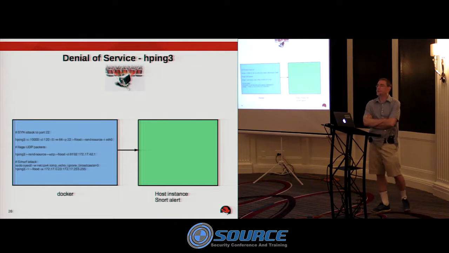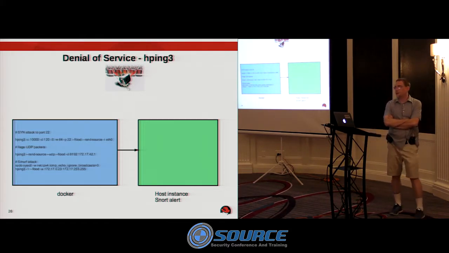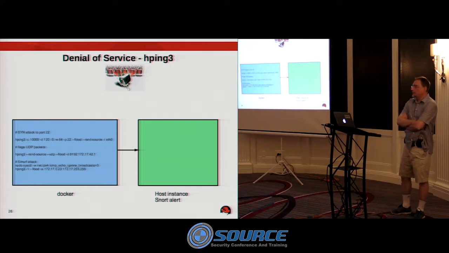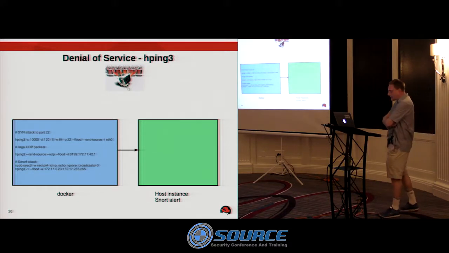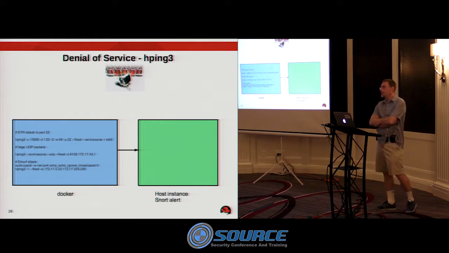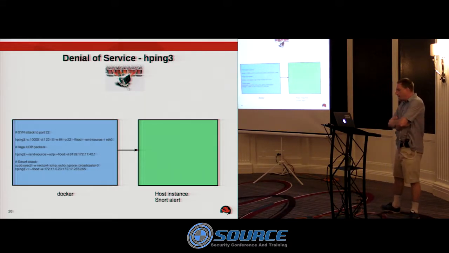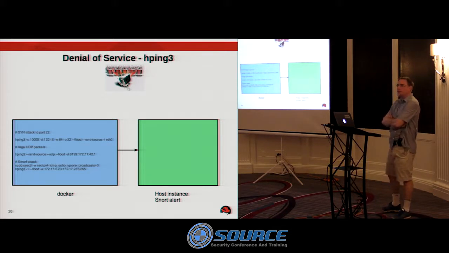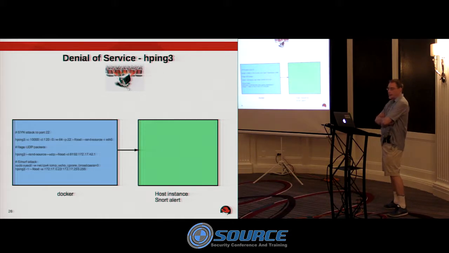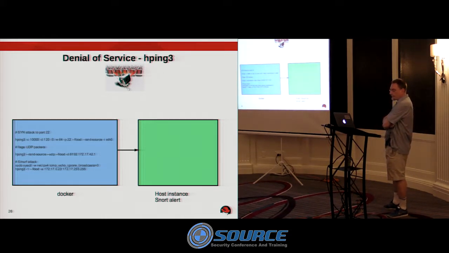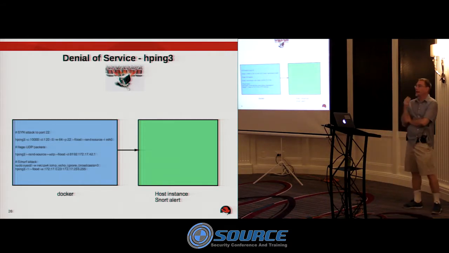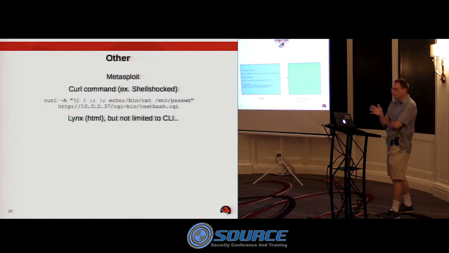And in fact, denial of service attacks inside the cloud are an interesting subject by themselves because how many resources do you have in the cloud, and can you affect other tenants and so on and so forth? It's an interesting subject. So I don't think I can make a claim that you can actually execute a true denial of service attack, but you can simulate one and test your rules, which is still a very useful thing.